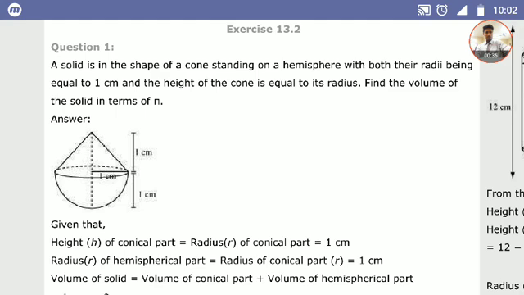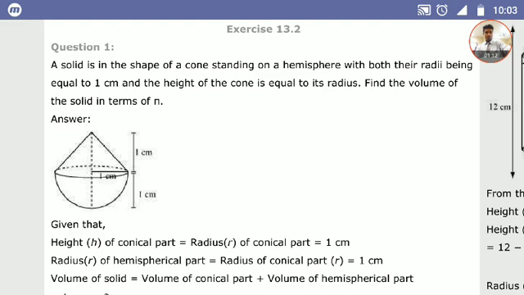So now question number one: a solid shape is a cone standing on top of a hemisphere with both the radii being equal to 1. The height of the cone is equal to the radius, and the radius has been given to you as 1 centimeter. So you have to find the volume. The eventual volume will be the volume of the cone and the volume of the hemisphere, which is given by 2 pi r cube, and the cone is given by 1 by 3 pi r square h.